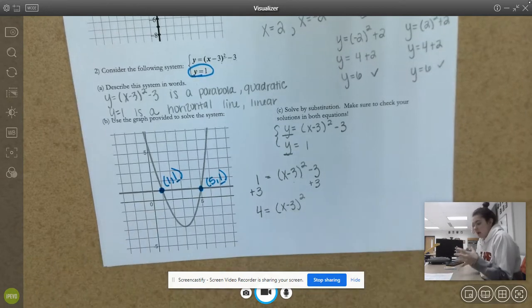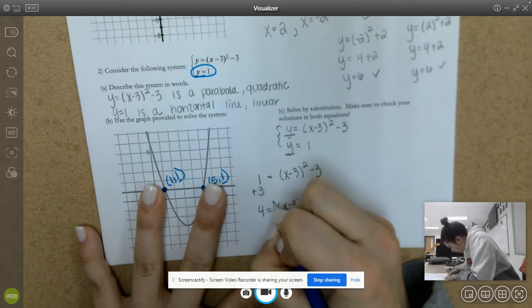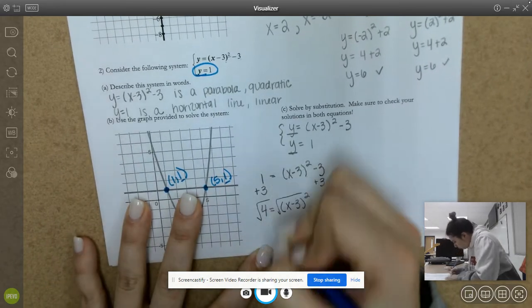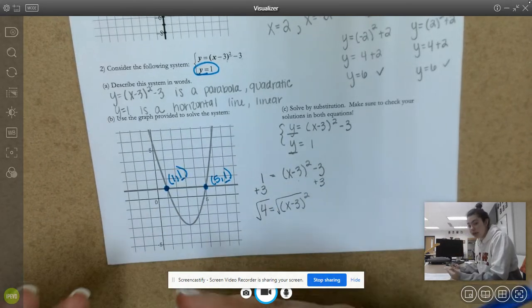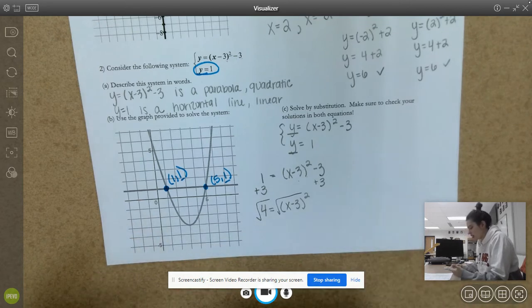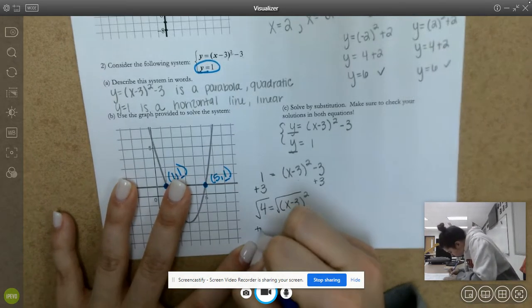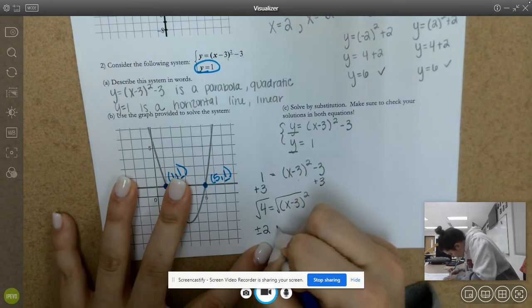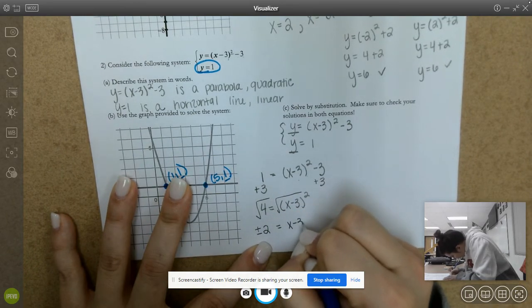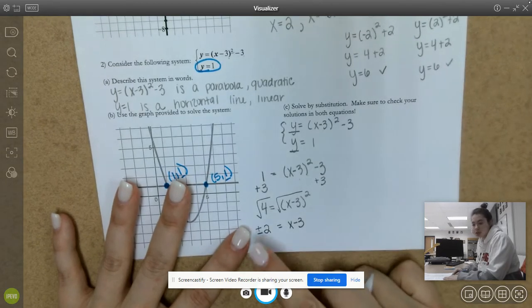Now that this factor that is being squared is isolated, we can take the square root of both sides. Well, we know when we are solving that the square root is always going to give us the positive or the negative of the answer. So really what happens is that x minus 3 is equal to plus or minus 2.